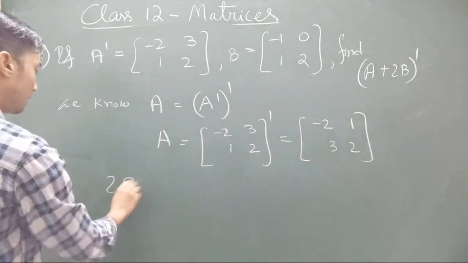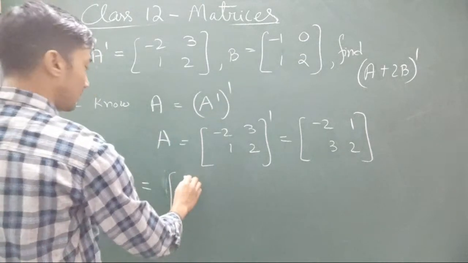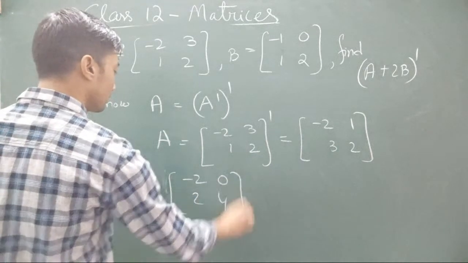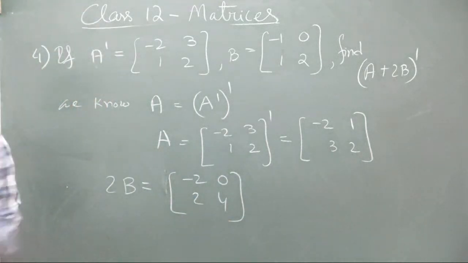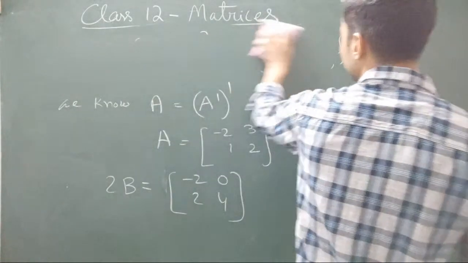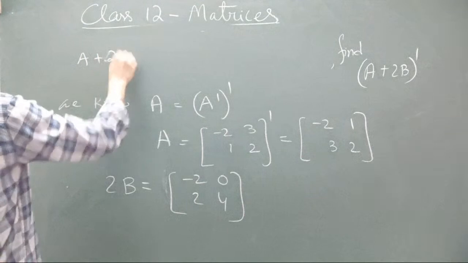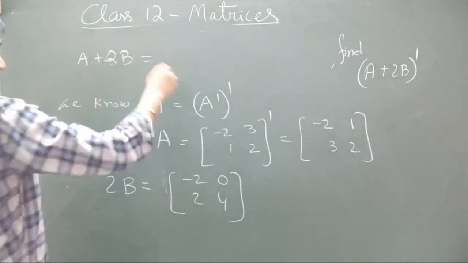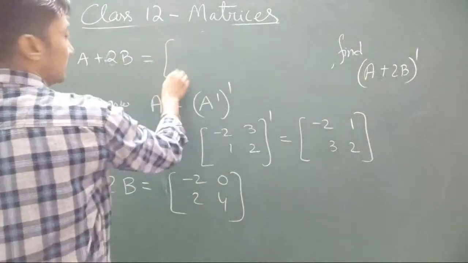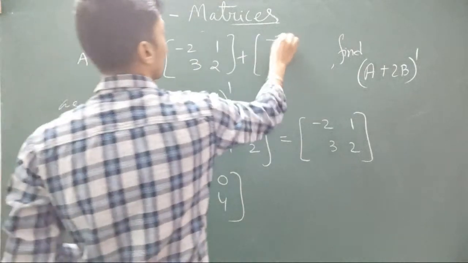And the matrix 2B will be, I'm going to do it directly, minus 2, 0, 2, 4. All of you are quite capable of understanding these simple things, so I'm just doing it directly. Let's go for the result quickly. First, we need the matrix A plus 2B. After that, we will go for its transpose. Take it one step at a time. Do not sum up all the steps in one go.